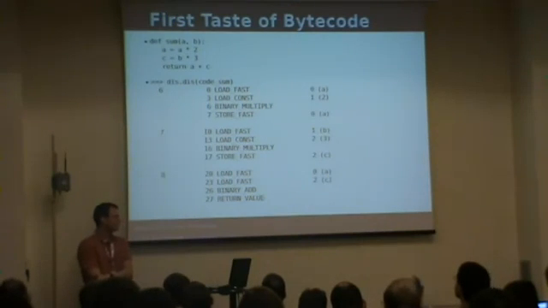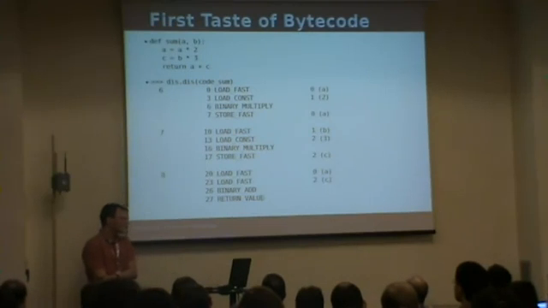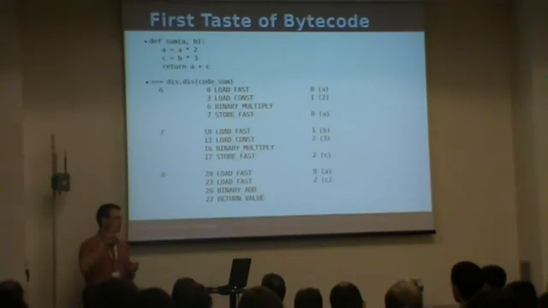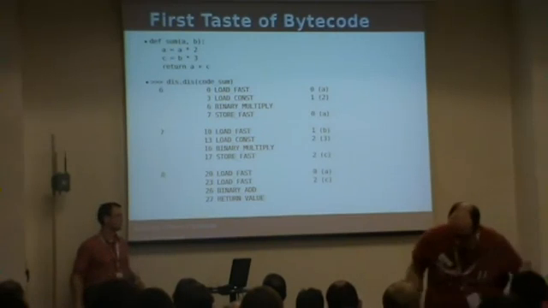So this one is loading the variable A. It's loading 2, it's multiplying those, and then it's storing that again. So it's loading A onto the stack, it's loading 1 onto the stack, then it's multiplying those. Multiplying will pop those 2 off the stack, and then will push the result back onto the stack.